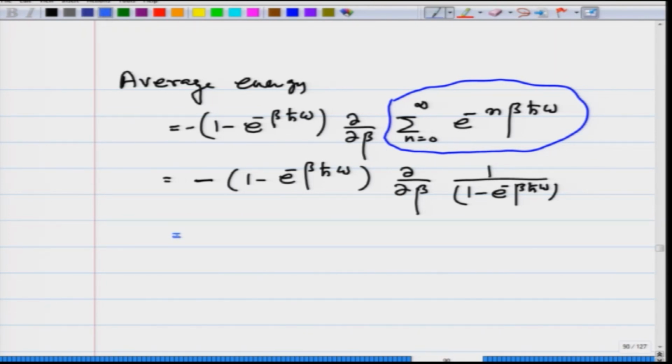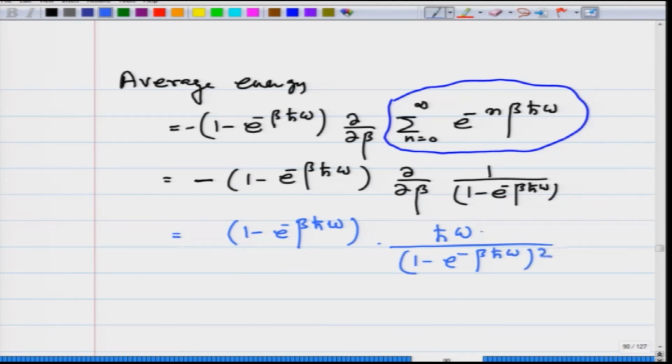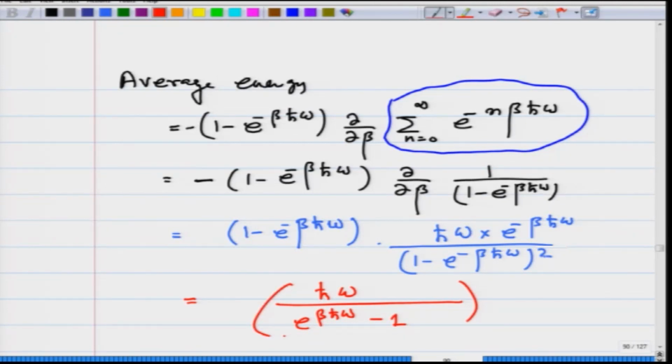And therefore, this becomes 1 minus e raised to minus beta h cross omega over 1 minus e raised to minus beta h cross omega whole square, and here is one more e raised to minus beta h cross omega. And this, when you manipulate, comes out to be h cross omega over e raised to beta h cross omega minus 1. This is the result we are looking for.